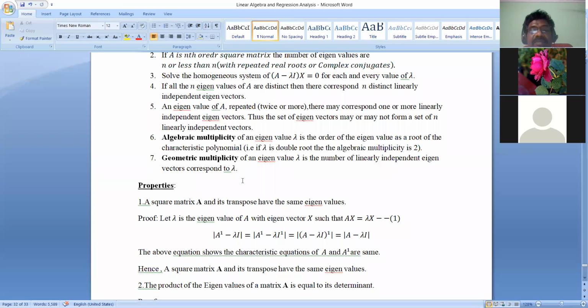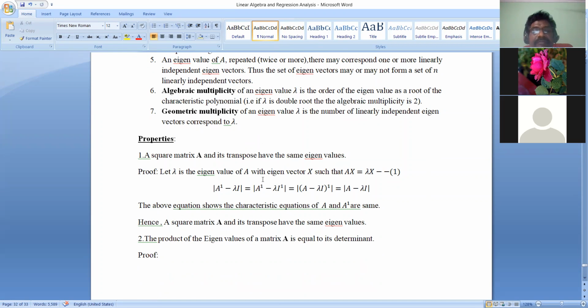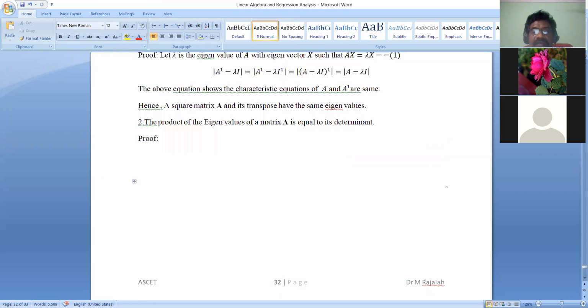So this is the brief discussion about geometric multiplicity, algebraic multiplicity, eigenvalues and eigenvectors. If repetition occurs, the number of linearly independent eigenvectors is less than n or equal to n. So this is the way to describe this.